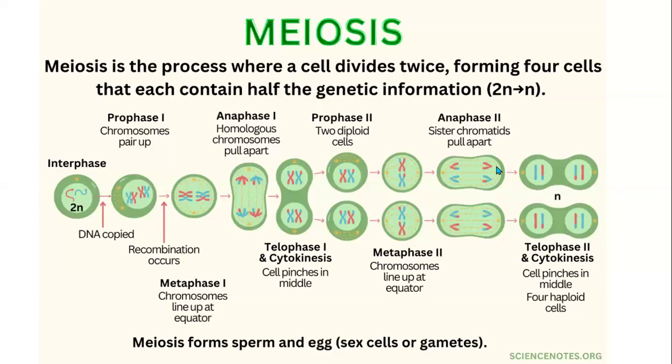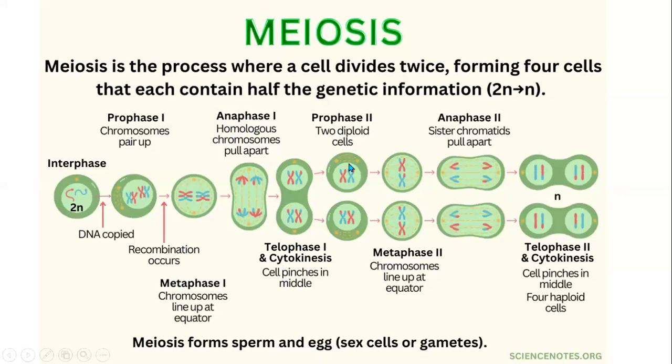So if you can see here, the first meiotic division begins with prophase 1, then go to metaphase 1, then anaphase 1, and then telophase 1, which is followed by the cytoplasmic division, what we call cytokinesis. Now, these 2 daughter cells that are formed at the end of meiosis 1 enter the second meiotic division, which begins with prophase 2.